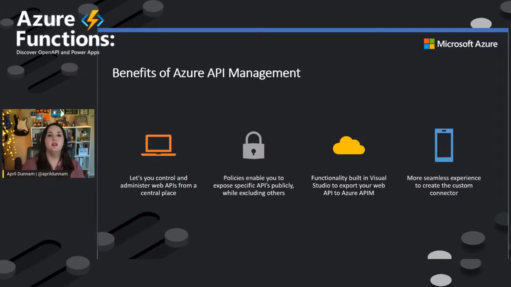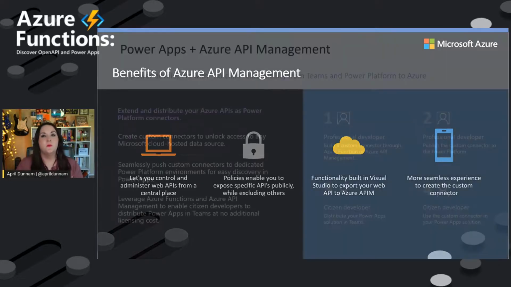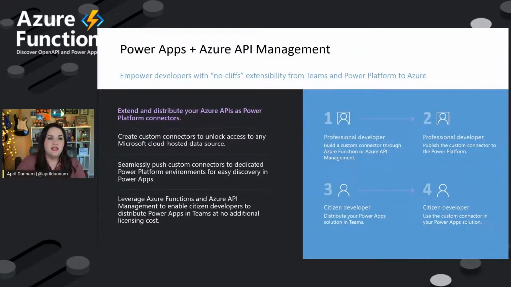It's a big benefit. Also being able to set policies to expose your specific APIs publicly while excluding others. And then, of course, functionality built into Visual Studio to export your APIs and a more seamless experience. Being able to export these APIs is super simple.